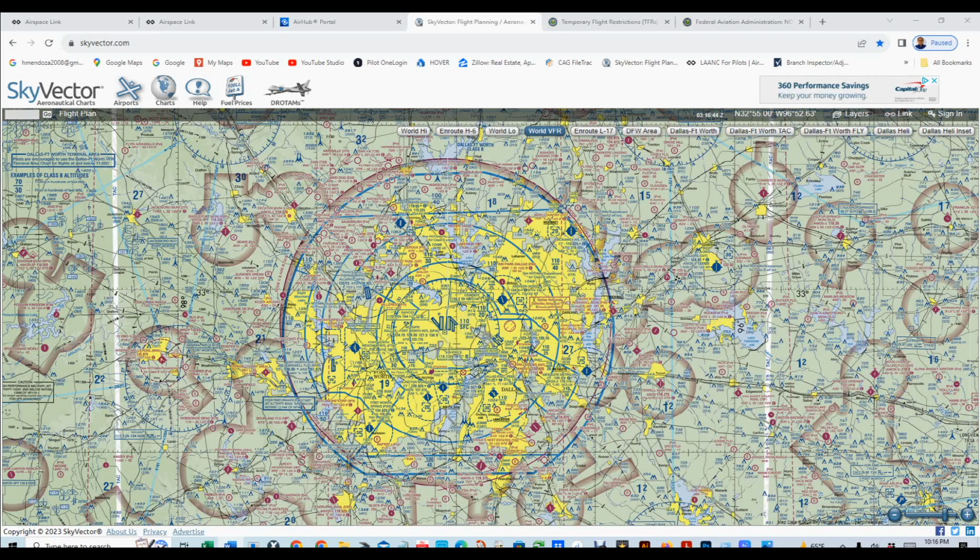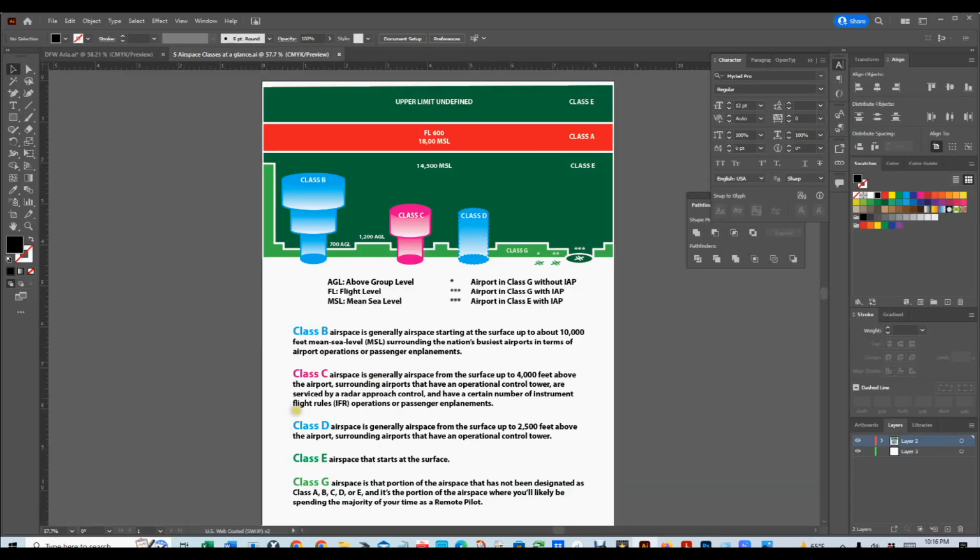Class B airspace is generally airspace starting at the surface up to about 10,000 feet mean sea level, MSL, surrounding the nation's busiest airports in terms of airport operations or passenger enplanements. Class B airspace extends from the surface up to 10,000 feet AGL and is the area above and around the busiest airports, example LAX, MIA, CDG, and is also heavily controlled.